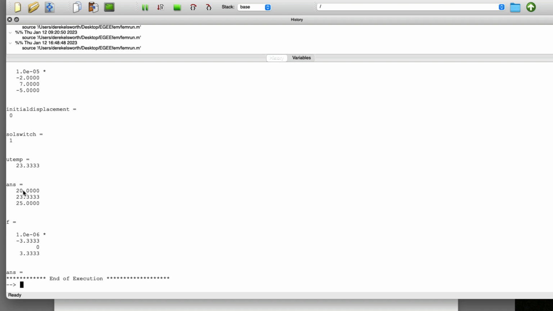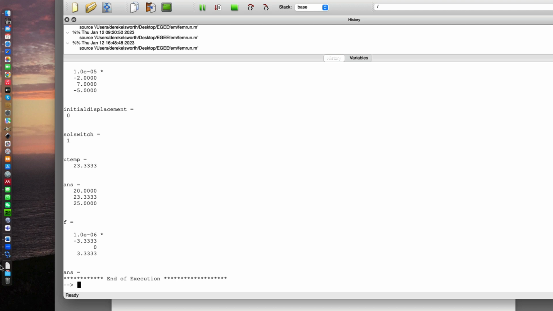It's not 22.5 because of the difference in permeabilities or conductivities of those media. And its flux is equal to 3.3 times 10 to the minus 6 out of the system, negative, and 3.33 times 10 to the minus 6 into the system. They exactly balance each other because it's a steady state problem.